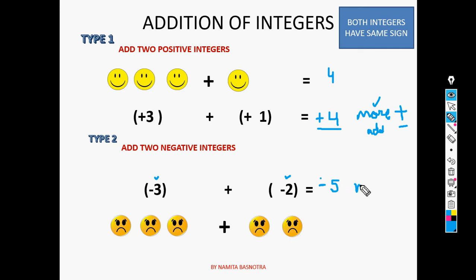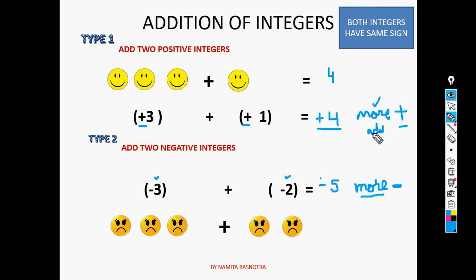So again I'm writing and showing you what I mean by this and what we are doing here. When I write more, it means you will add the two numbers, and more negative means the situation is getting more serious. So by saying more you will add, and you will put the negative sign there. So remember that whenever you have the same signs, we add.